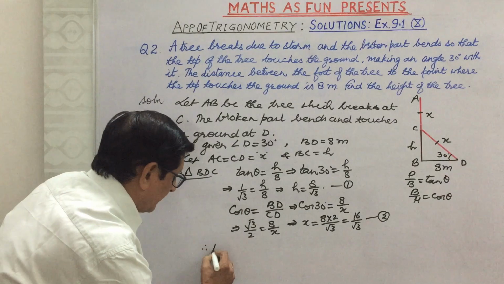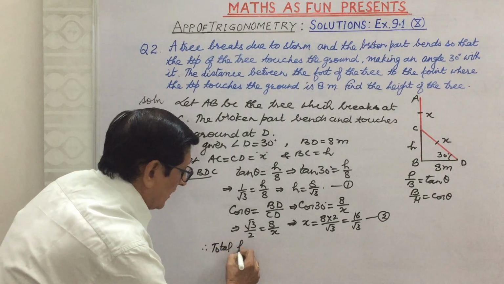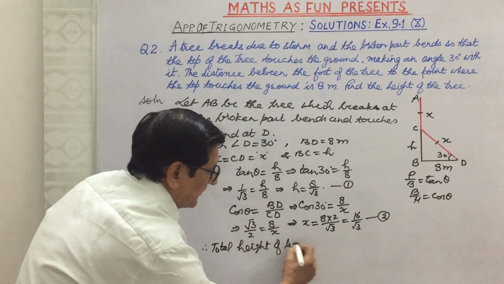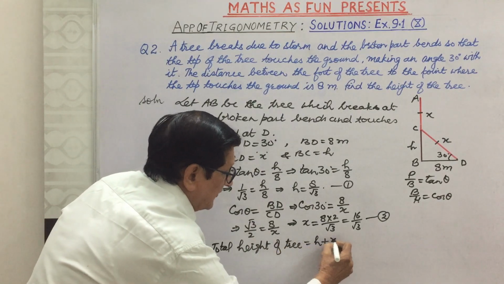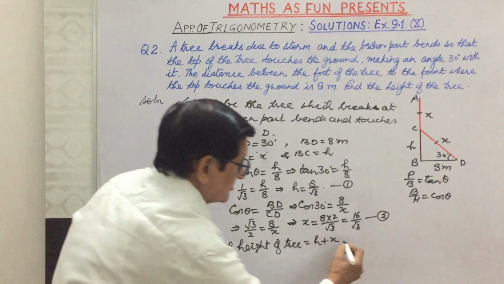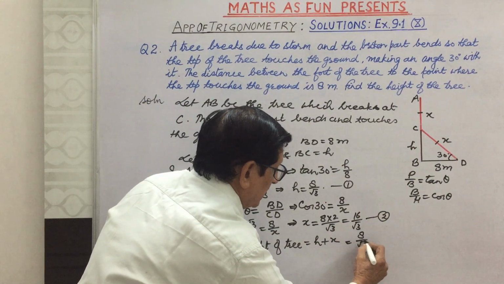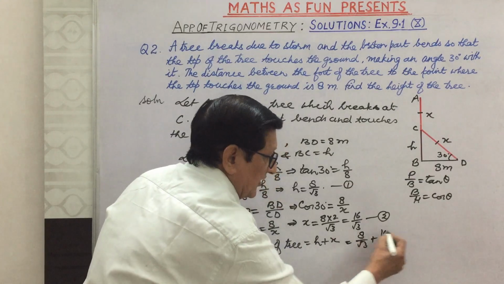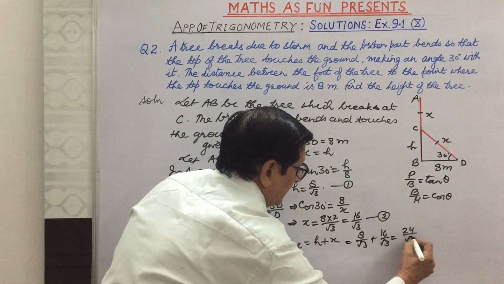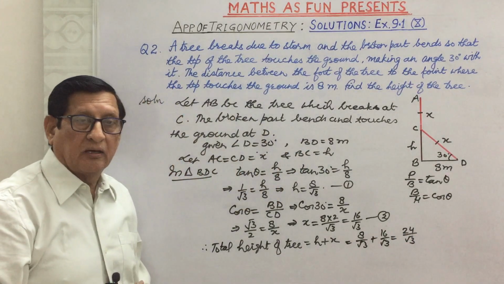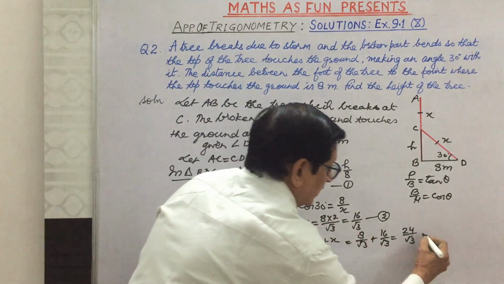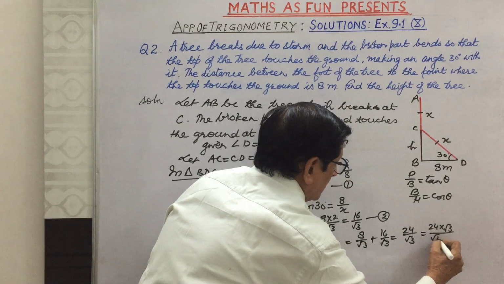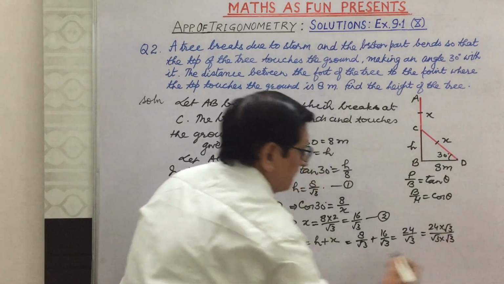Now we can write, therefore, total height of tree is equal to h plus x. h is 8 upon root 3. x is 16 upon root 3. We get here 24 upon root 3. If we apply the rationalizing factor, this will be 24 into root 3 upon root 3 into root 3.